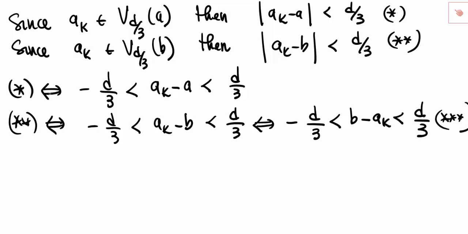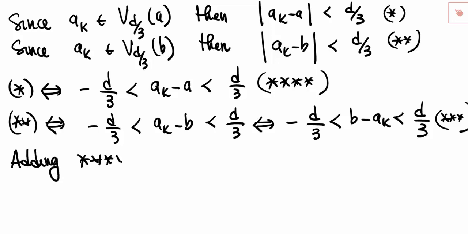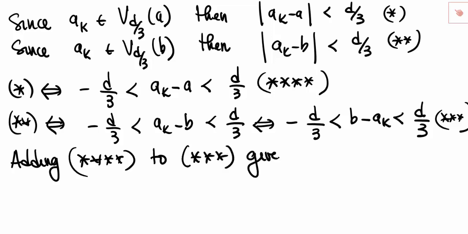I'll call the first one here 4 star. Now we'll add 4 star to triple star, simply adding term by term, which gives that negative 2d/3 is less than B minus A, which is less than 2d/3.